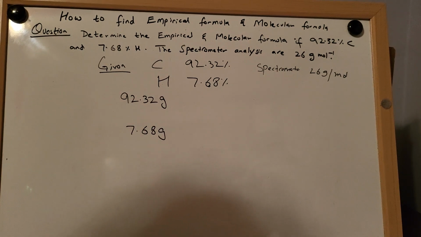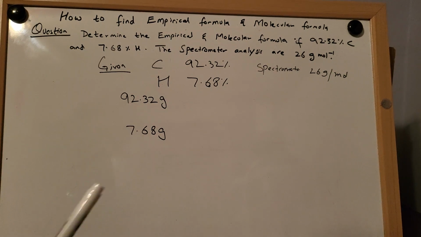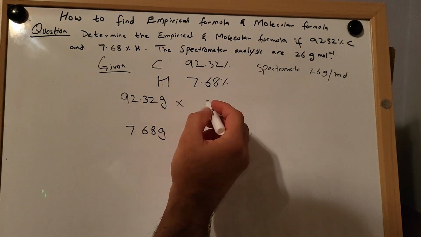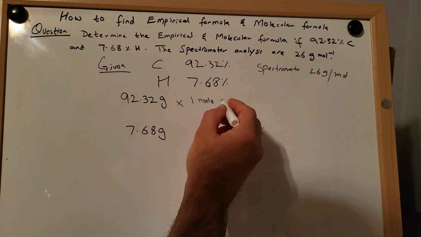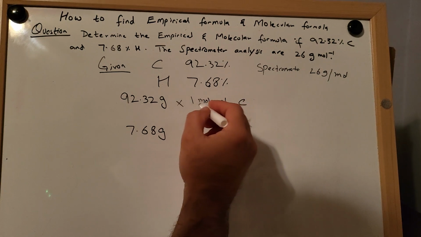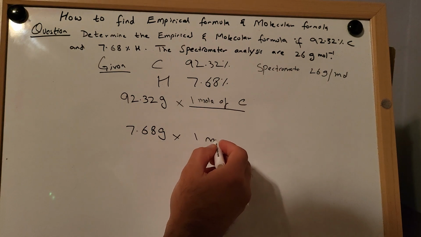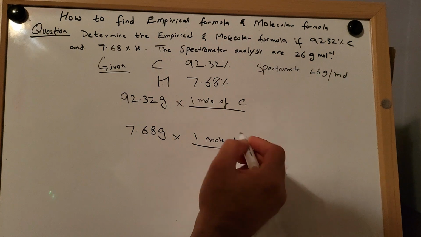The first step is converting this to moles. Whenever we convert to moles, we multiply by 1 mole of carbon divided by this, and then 1 mole of hydrogen divided by this.